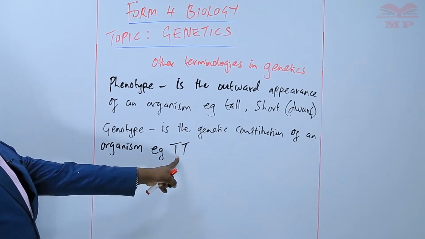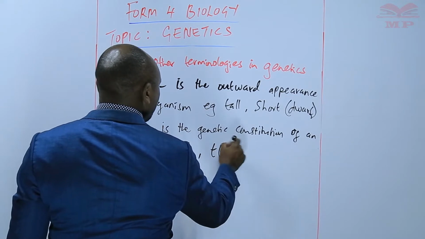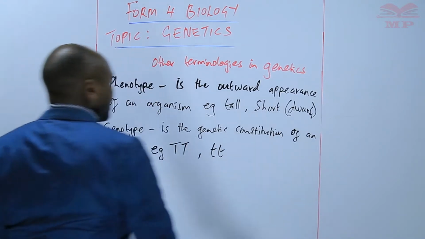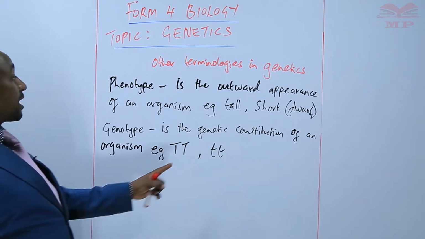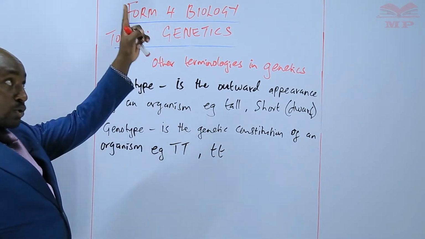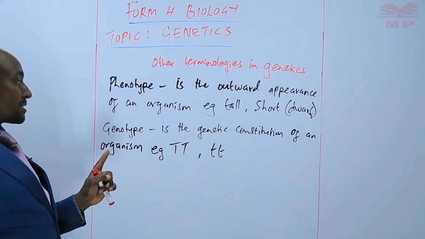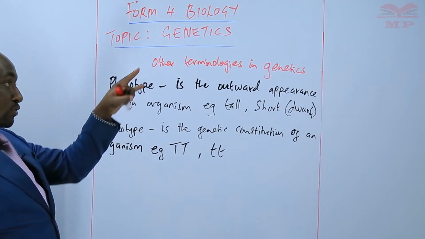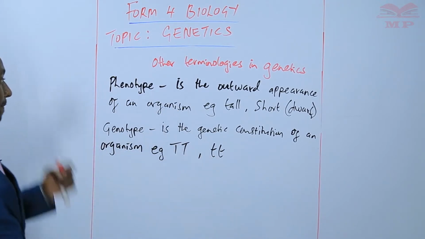That is the genotype. Or we can use the small letter t to represent shortness. Where there is the presence of tallness, we use the capital letters. Where there is the absence of tallness, that is shortness, we use the small letters.